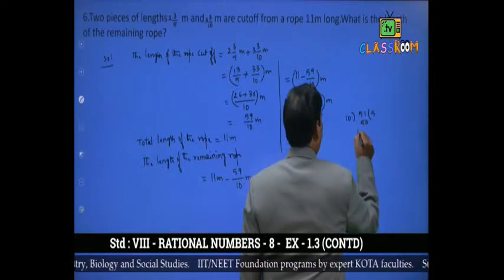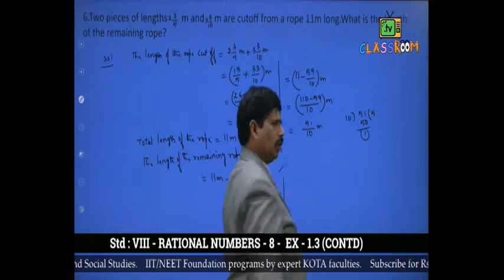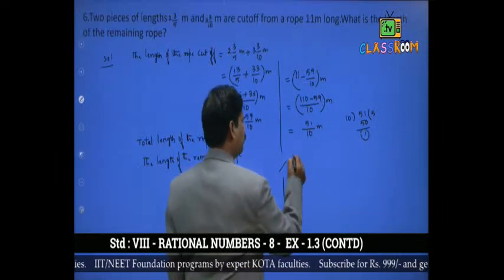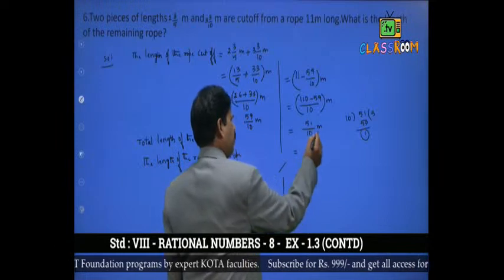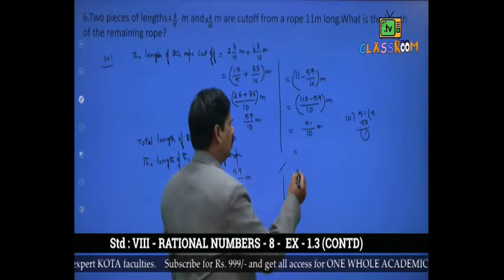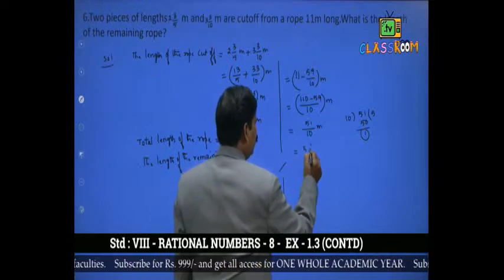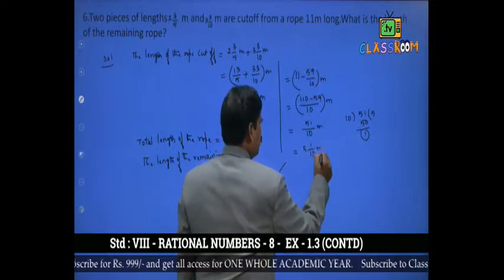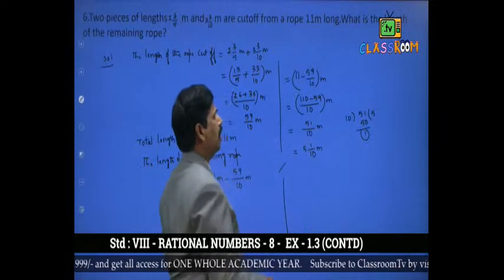10 5s are 50. So this is an improper fraction, you convert into mixed fraction. So then this will be 5 1 by 10 meters. So therefore, what is the conclusion?